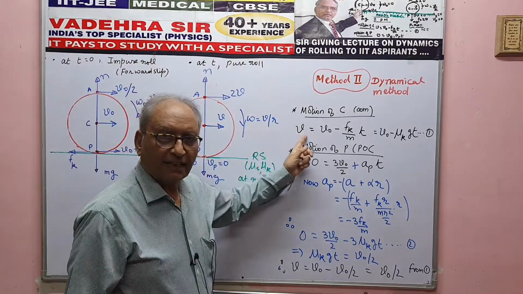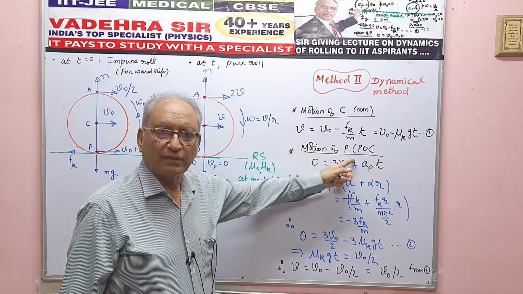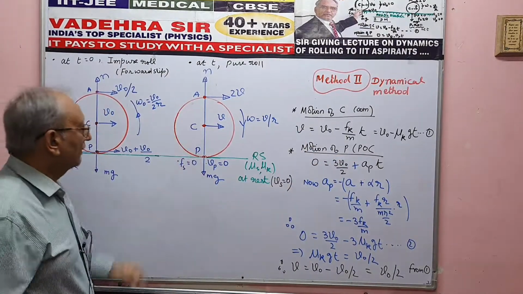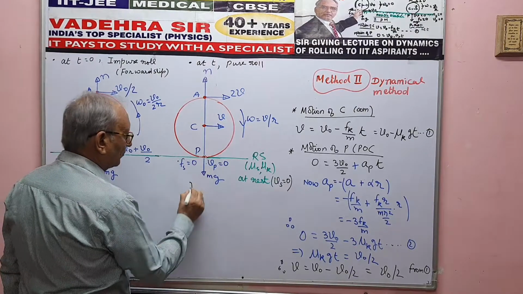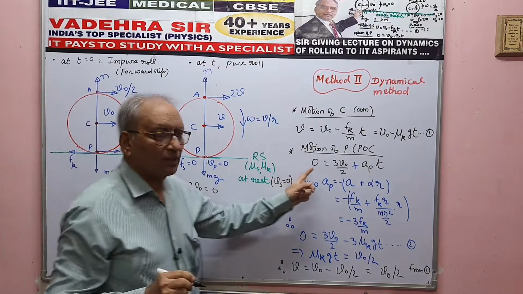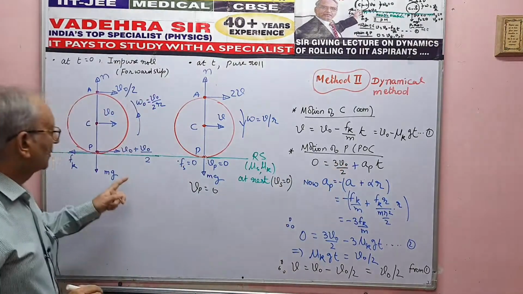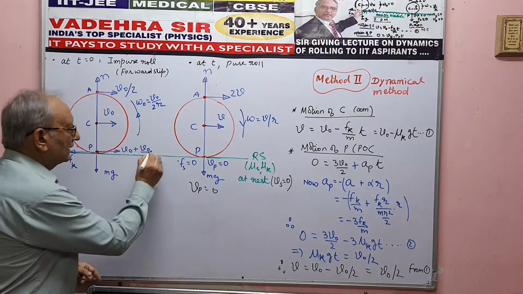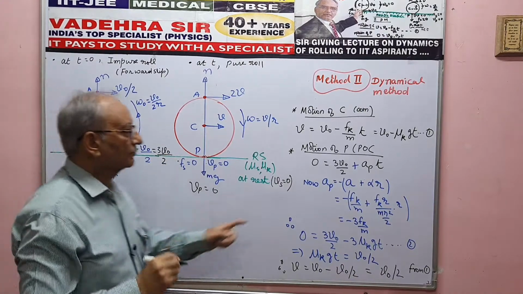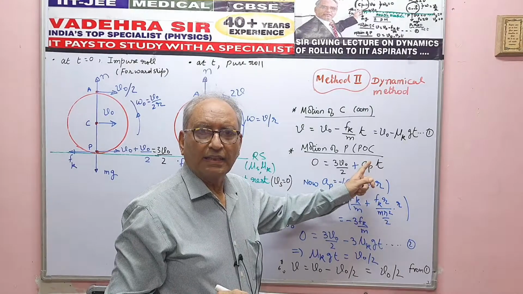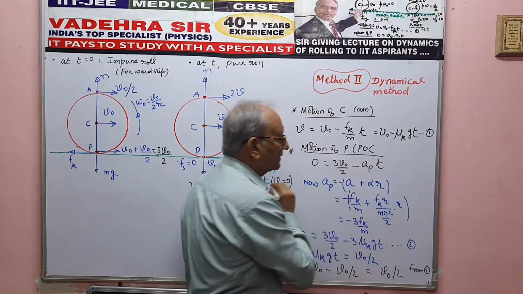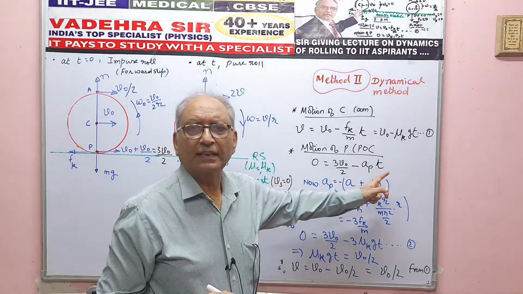So if I take that, the final velocity at pure roll Vp is 0, initial velocity Vp was 3 v naught by 2, and Ap is retardation, so minus Ap into t.